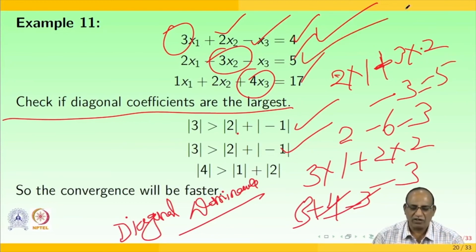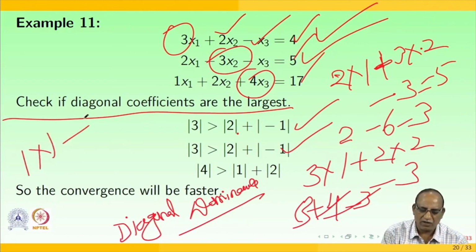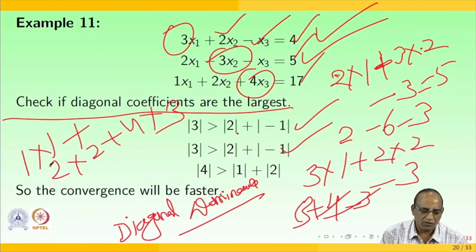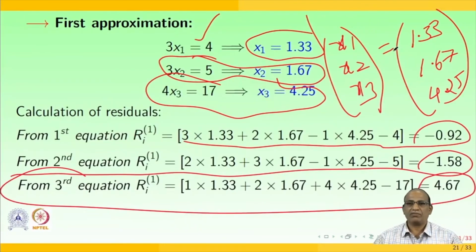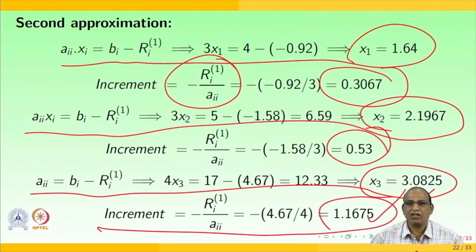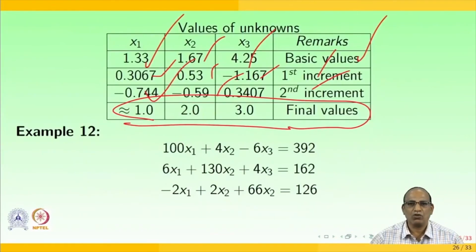Fine, that is fine. Third equation, 1 into 1, 1 plus 2 into 2, 2 plus 4 into 3. So 1 plus 4 plus 12, 17. It is fine, so it is satisfied. So the first approximation holds, second approximation also holds, third approximation also holds. Therefore it satisfies this value.